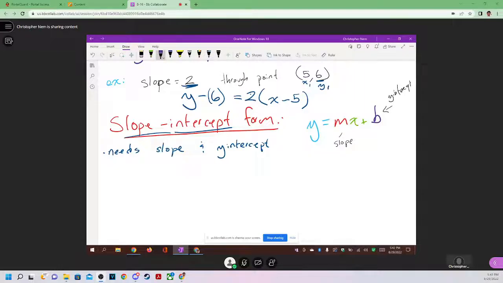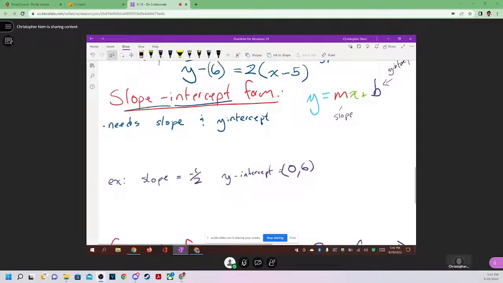So, example: let's say the slope equals -1/2, and the y-intercept is located at 0,6. All right.